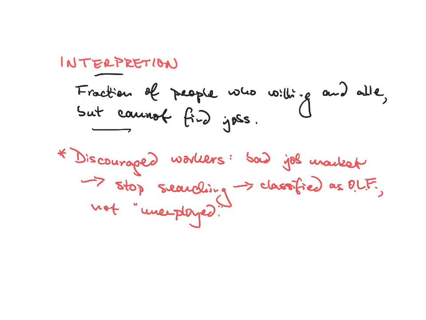Now remember that the official definition of unemployed is that a person is not working for pay, but is searching for a job. So those discouraged workers are not classified as unemployed. They're technically out of the labor force. So, again, these are really people who want jobs but can't find them. They just don't match the description of unemployed. They don't match the criteria perfectly.